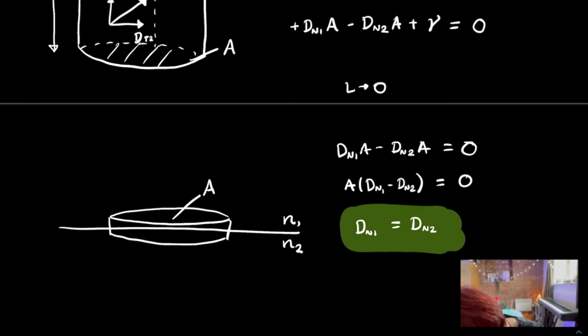This is the boundary condition that regards the electric displacement field. And that basically is saying that the normal component, which is of course the component that's parallel to the normal axis, will transport across the boundary. So there we go, that is our first boundary condition.